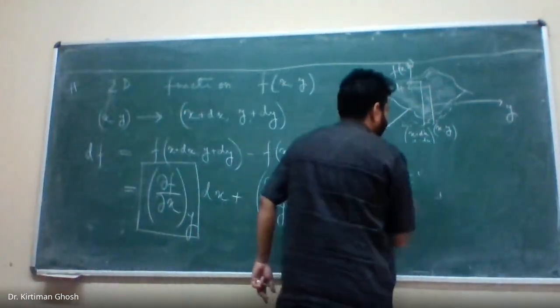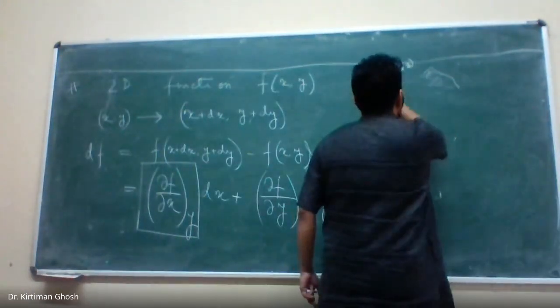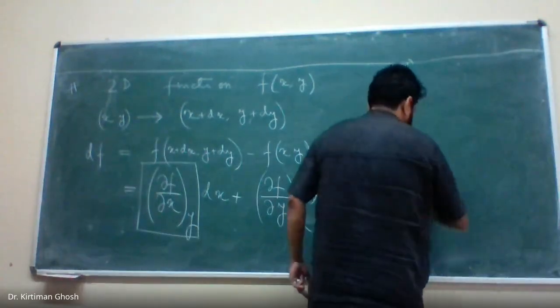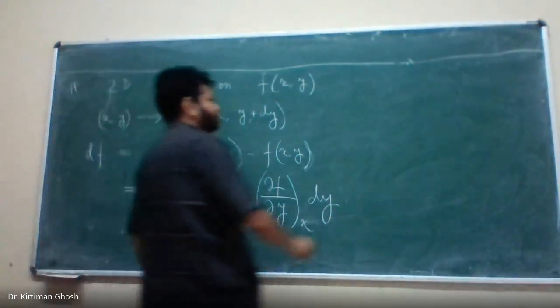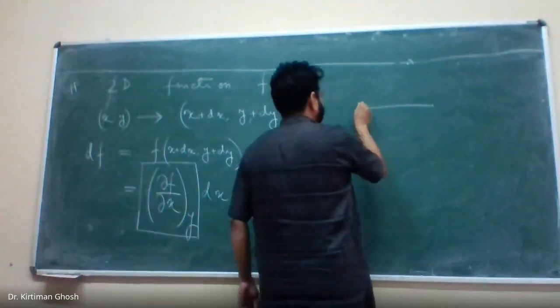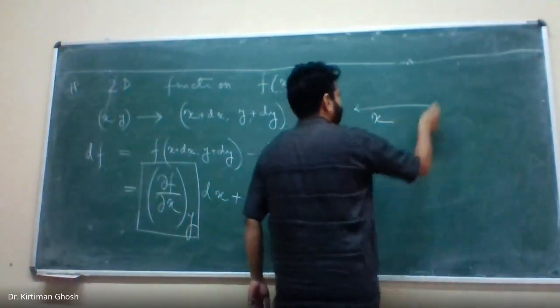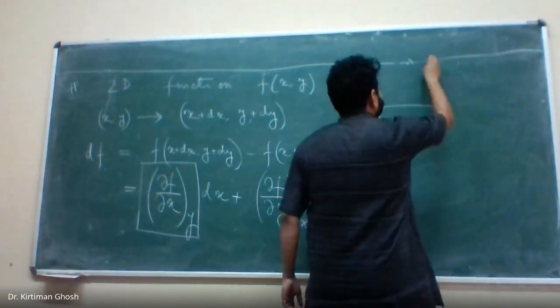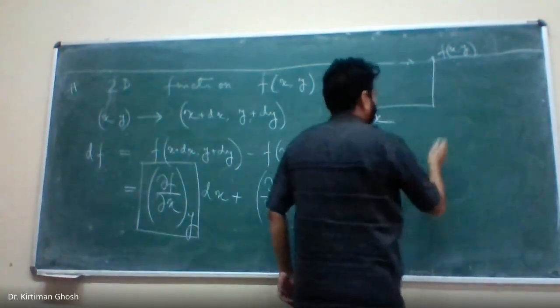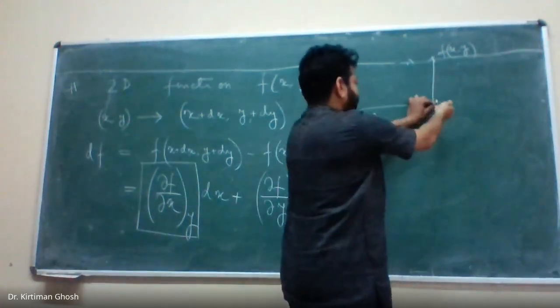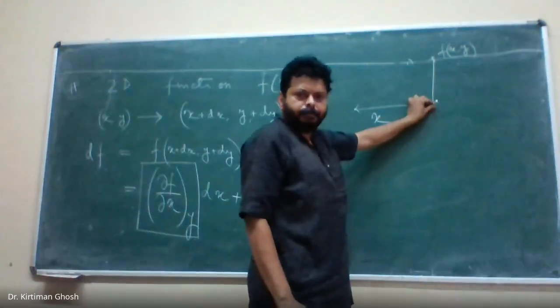Let us draw this picture in a different form, so that will give you some more understanding. Let us assume that this is my x-axis, this is my f(x, y) axis, and my y-axis is coming out of this plane.